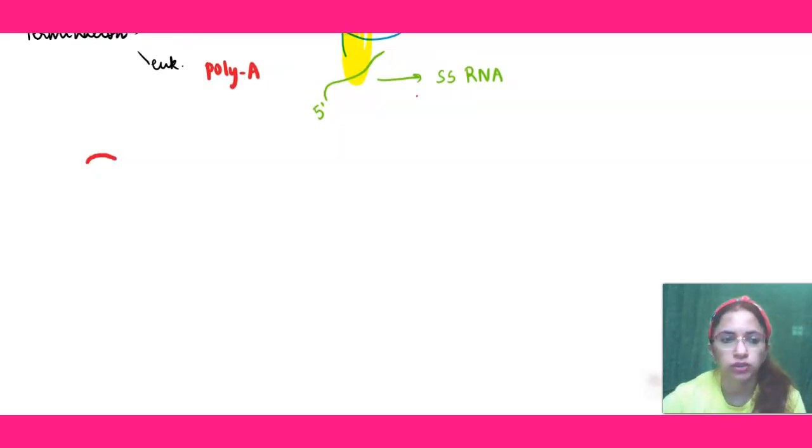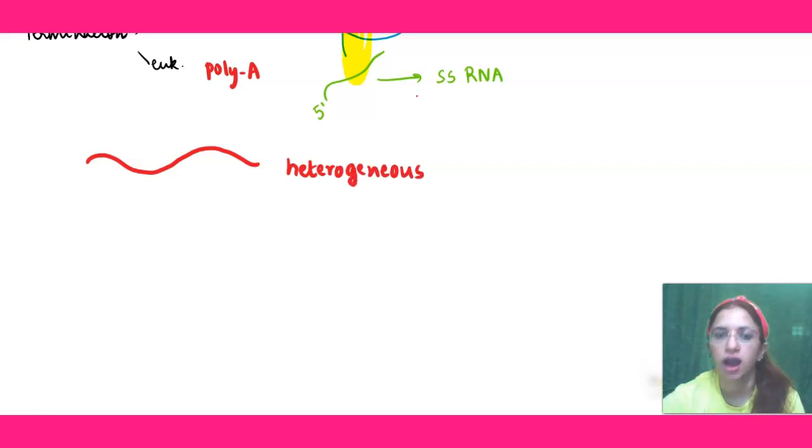Okay, so the fresh product formed by transcription is known as heterogeneous RNA. This is abbreviated as hnRNA. The h has to be small, the n has to be small, and RNA will be in caps.